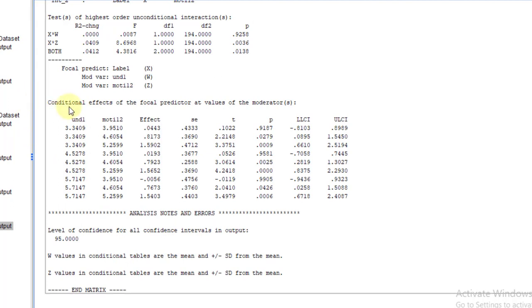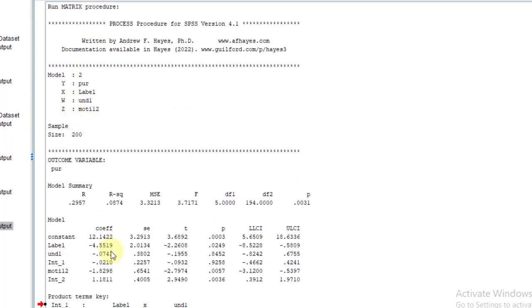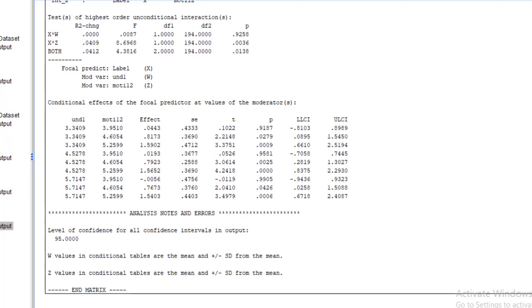Further, this table is very important: conditional effects of the focal predictor. So how will we interpret or read this table? At a low level of understanding and a low level of motivation, there is an insignificant effect. However, when understanding is at a low level and motivation at a medium level, the effect is found to be significant. With understanding at a low level and motivation at the highest level, the effect is found to be very significant.